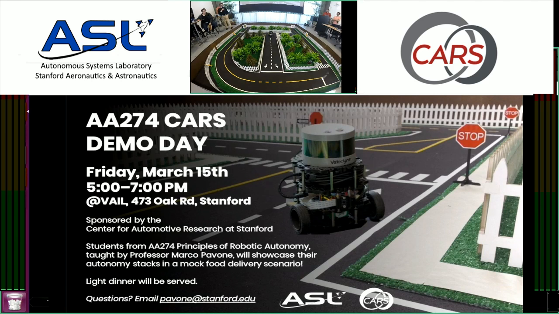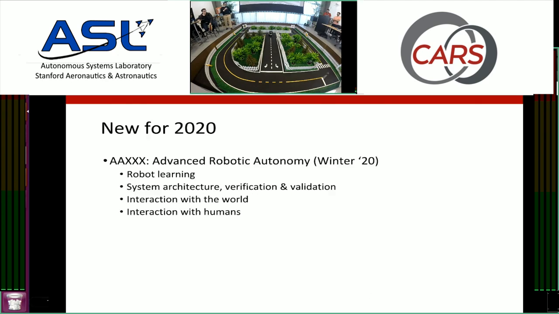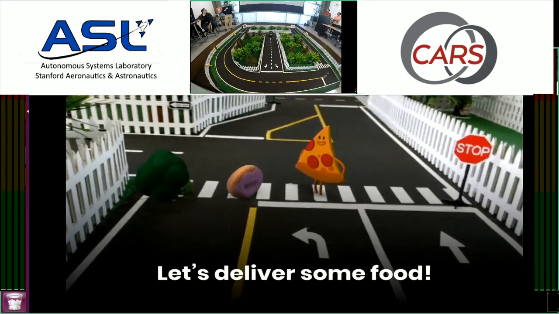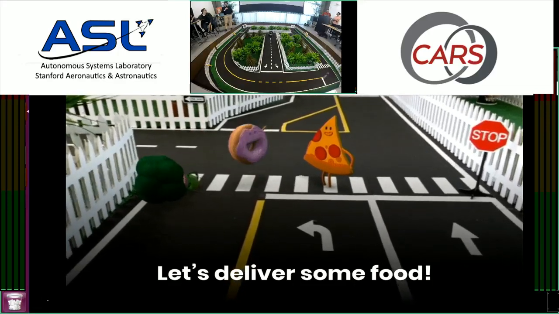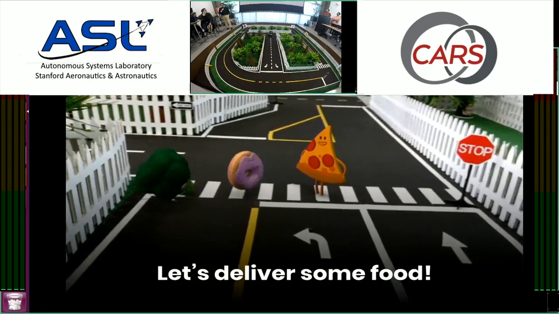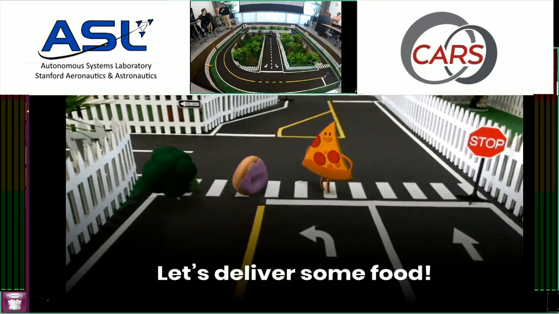Particularly, the task for this year is to recover vegetables and other food items from the environment. So they have to look for these items, and they have to navigate in this mock urban environment. So they have to showcase all the skills that they have learned throughout this class.